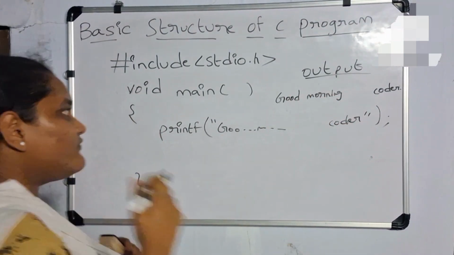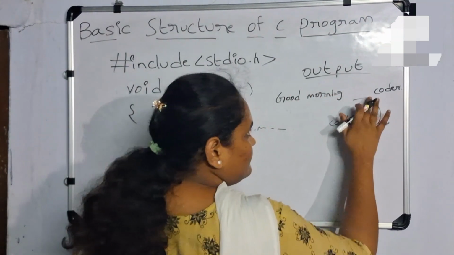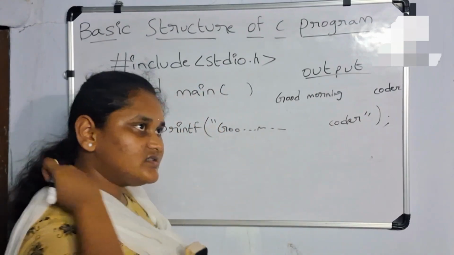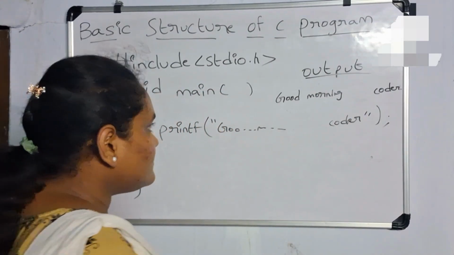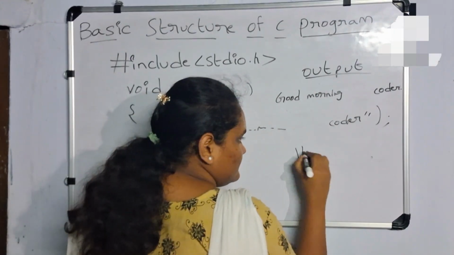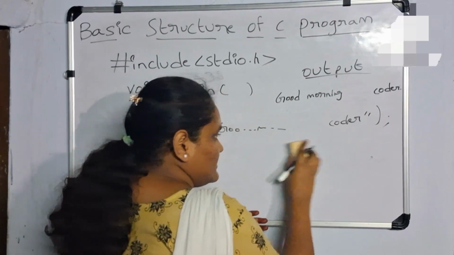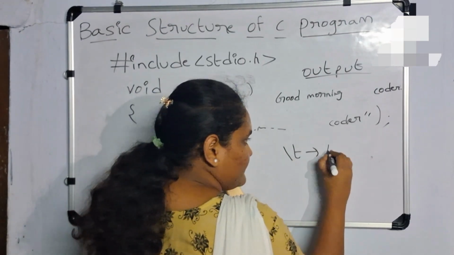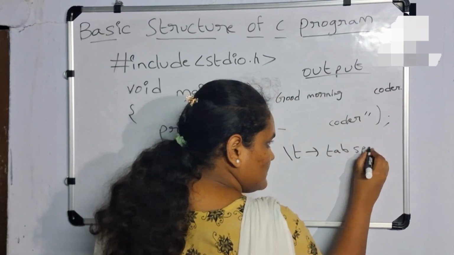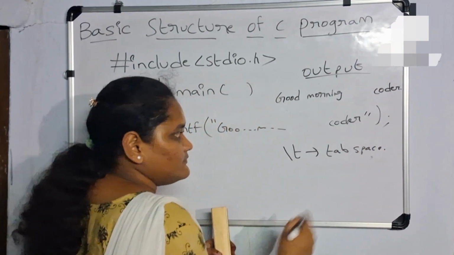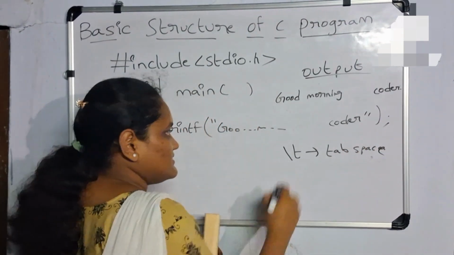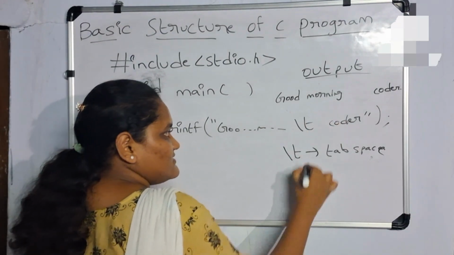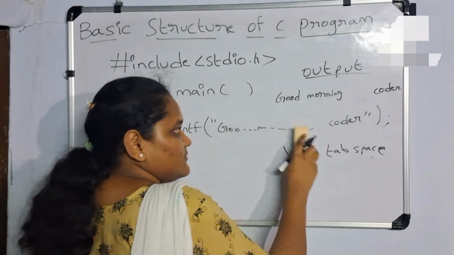But if you want to have a tab in between words, then you can use \t as well. In C language, \t means tab space. It gives tab space. You can use \t as well, or you can just print 4 spaces.